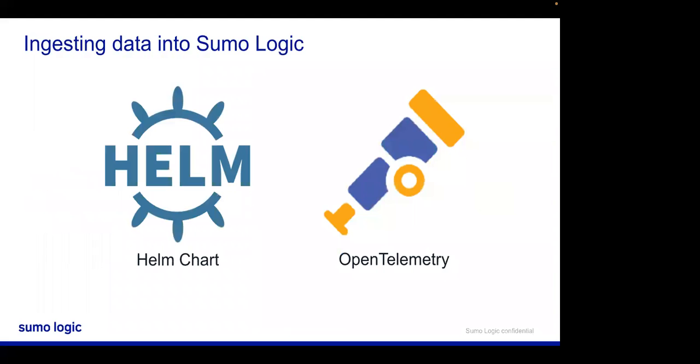Okay. Now, as far as ingesting data into Sumo Logic, we use Helm chart. We use Helm. By default, hopefully you are running Helm in your Kubernetes environment, and we are simply going to take advantage of that Helm. We are going to configure it and add something to your Helm that adds Sumo Logic to it.